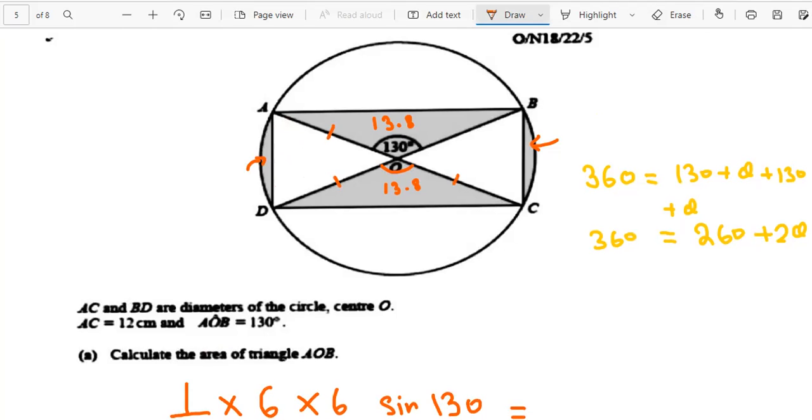This side is 6 and this angle turned out to be 50. I am going to use the same formula, 1 by 2 multiplied by, this is also 6, both of them are radius, 6 into 6 into sine of 50, and that is giving me the area of the triangle AOD. So it would be 36 into sine 50 divided by 2.